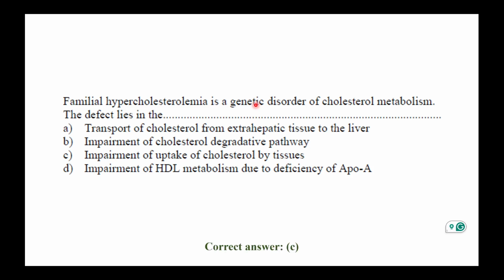The correct answer is actually impairment of the uptake of cholesterol by the tissues. It's kind of both the options are similar, but the tissues have a mechanism to uptake the cholesterol.